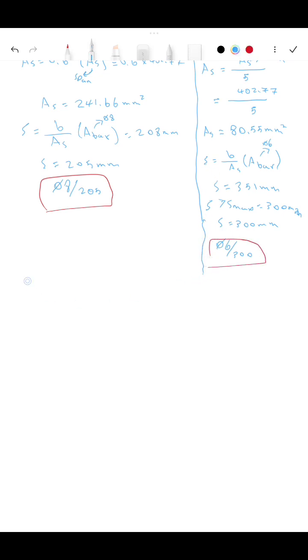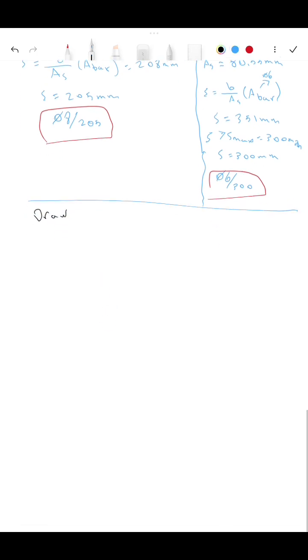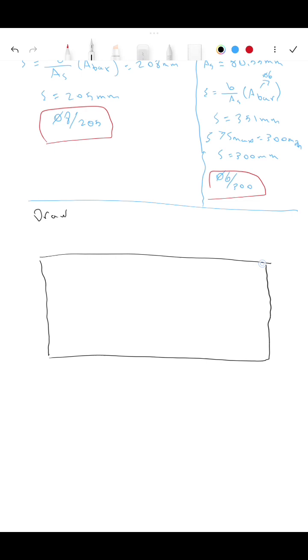Okay, the last point I will draw. We have these 3 slabs. First of all, we will draw for the span supports. It will be like this.